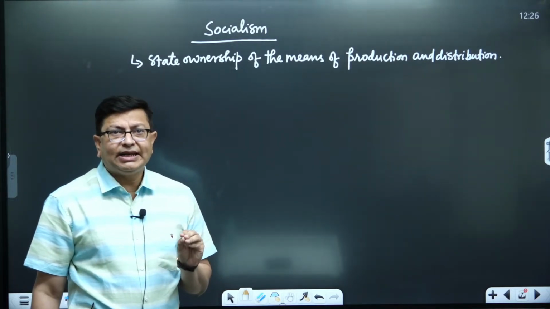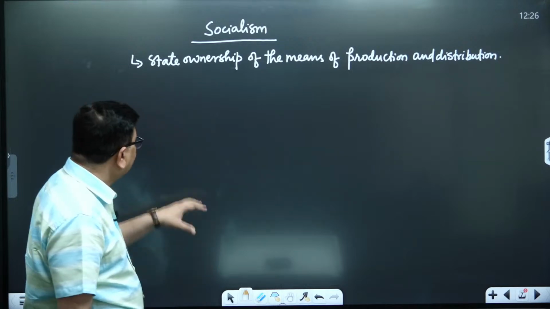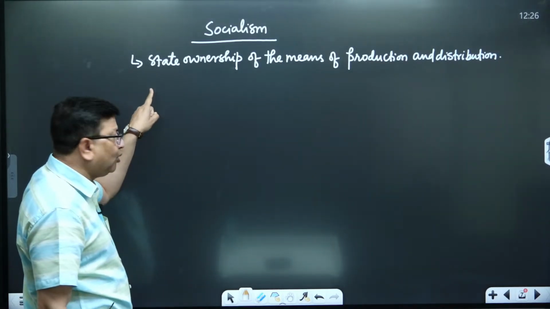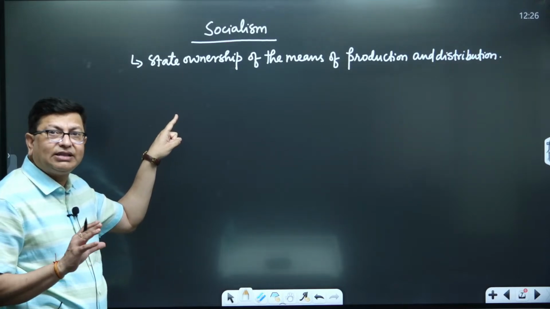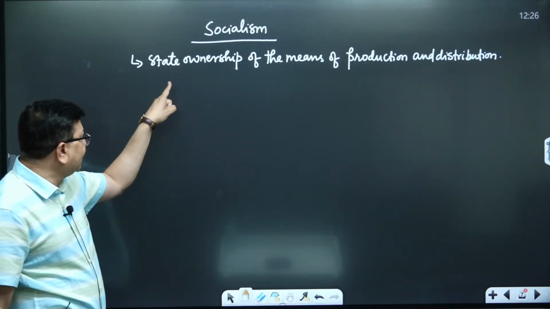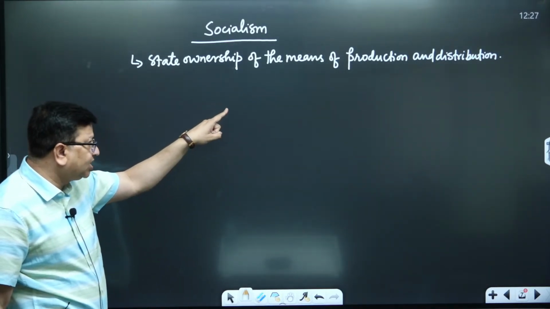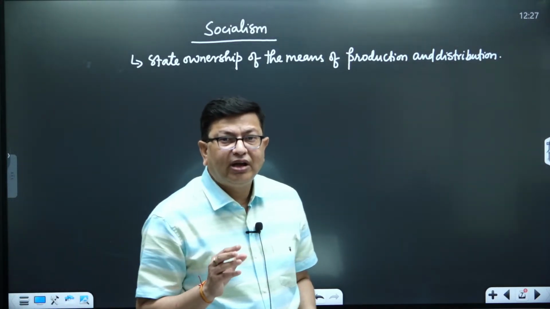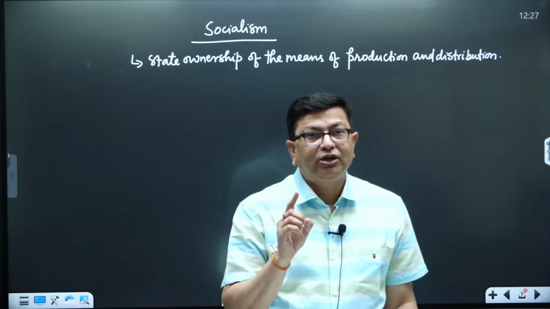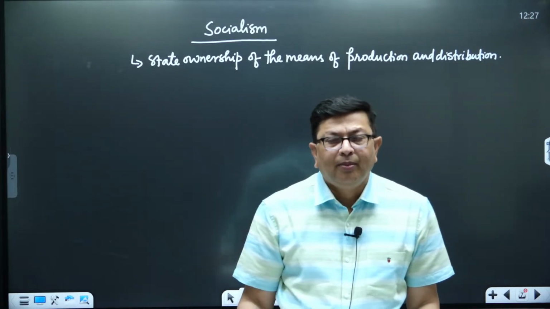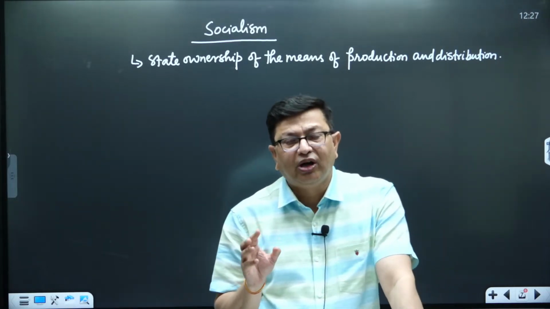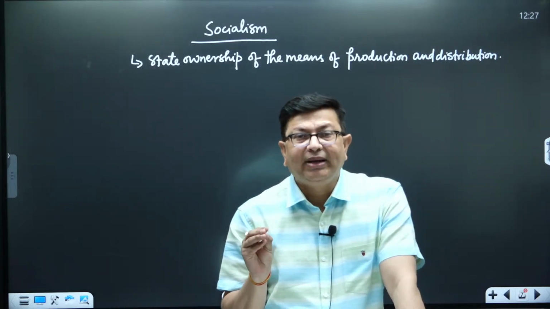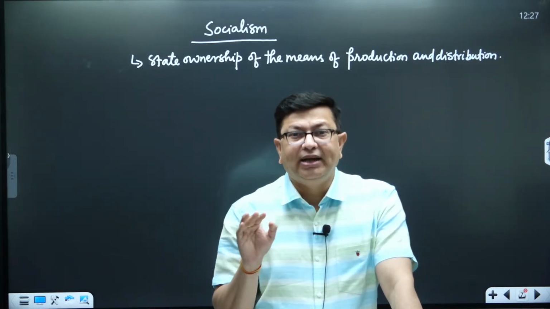Now, what is the basic difference between socialism and communism? Both are Marxist terms. Socialism is state ownership of the means of production and distribution. The objective of Karl Marx was not socialism. Basically, his objective was to have a society where there will be economic equality.